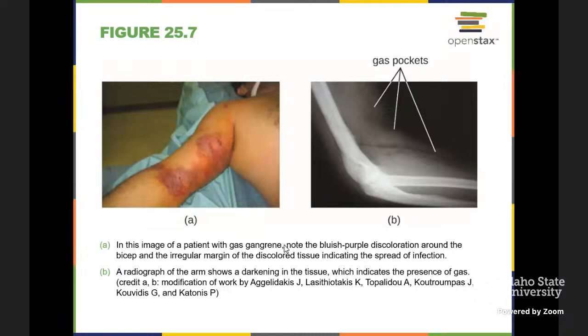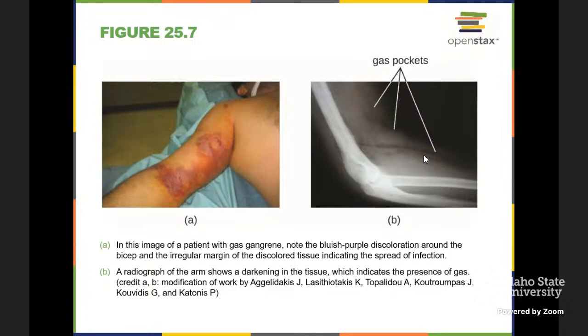So we talked a little bit about Clostridium and gangrene. Gas gangrene is what we're looking at in this image, and I'm assuming the same person as we're looking at in this X-ray. The gas is the result of this anaerobic organism fermenting in there and producing copious amounts of gas. You can see separation in between the muscle layers.